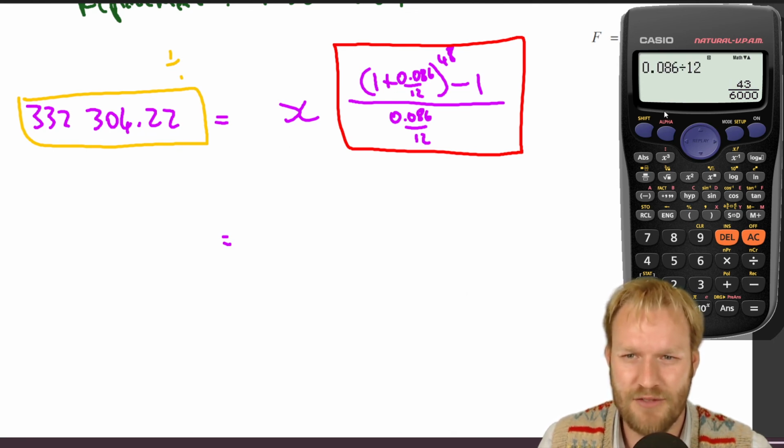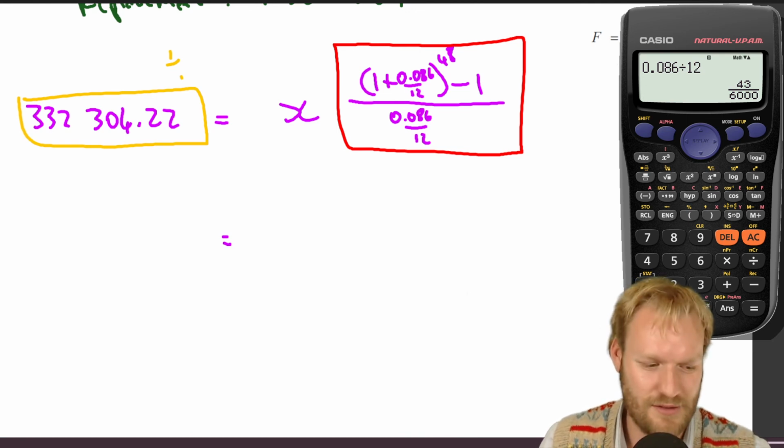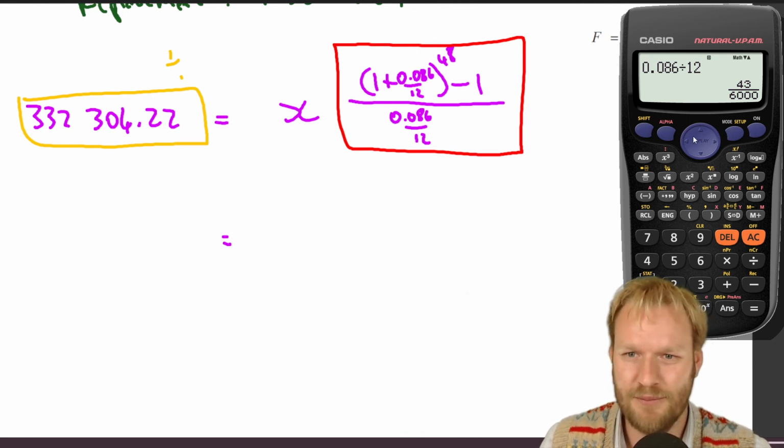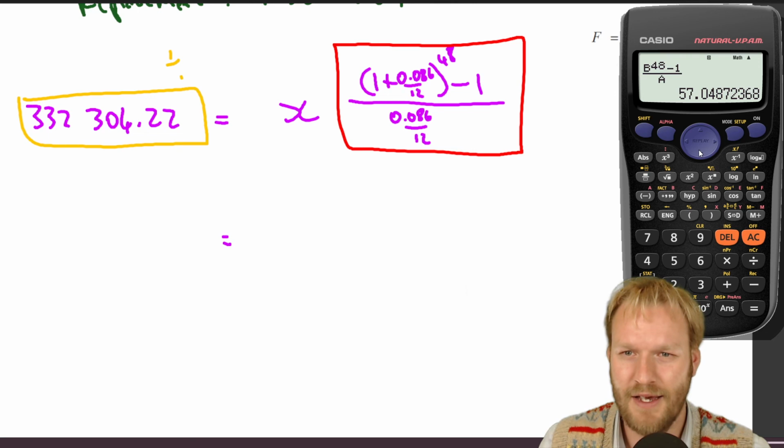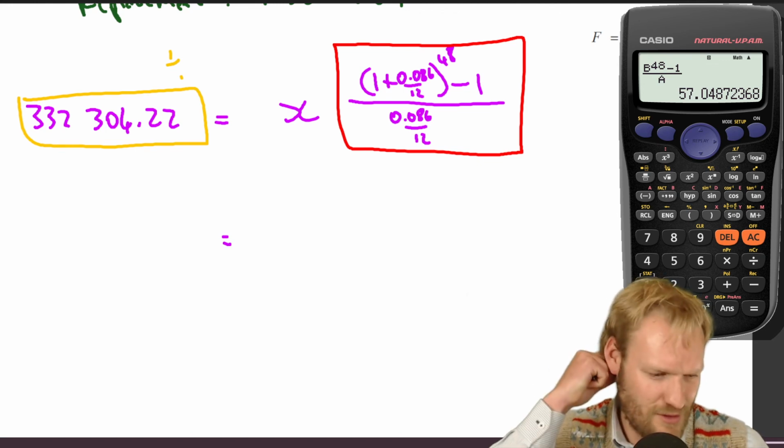0.086 divided by 12 is in A. That's that part there. 1 plus A, that should be in B. And I think it's worthwhile just seeing B to the 48 minus 1 over A gives us 57.